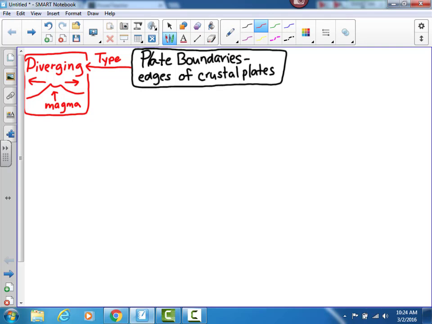So, what features do we get here? You already said that we get a ridge, like the mid-ocean ridge, that forms as magma hardens into new rock.